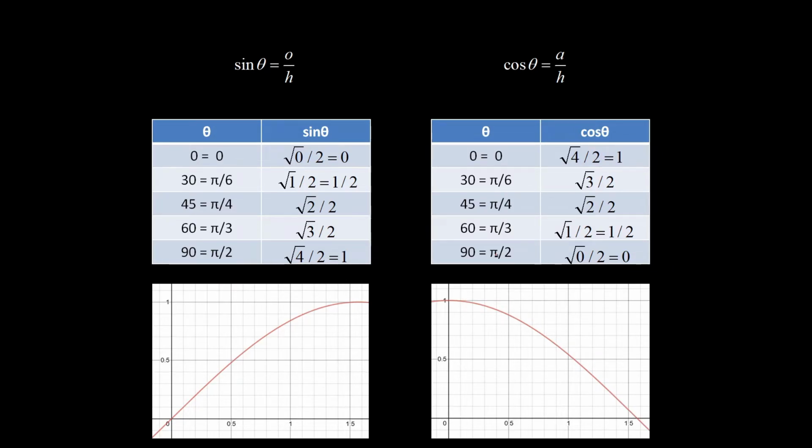If you look at cosine, it's the same inputs, and it's actually the same outputs. They've just been flipped. These outputs are increasing, but these outputs over here are decreasing. They're the same numbers, just in a different order. Notice cosine goes 4, 3, 2, 1, 0. It's decreasing.